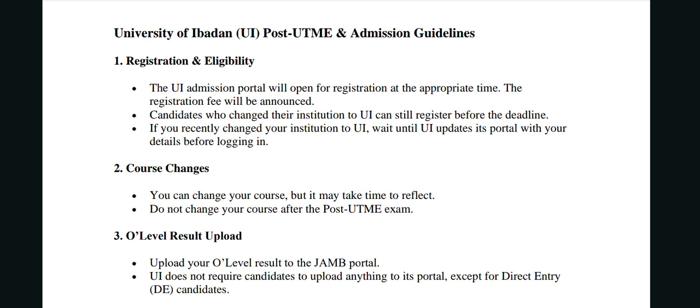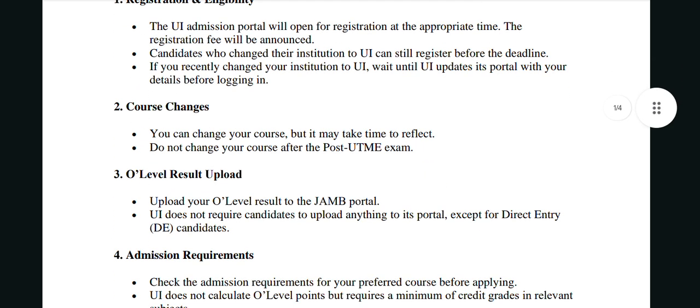So you have to pick UI as your first choice of institution before you'll be able to register for your post-UTME whenever it is announced. And also, you must have at least 200 in JAMB. Only those who have scored 200 and above in JAMB and chose UI as first choice of institution are the people that will be able to register for post-UTME whenever it is being announced.